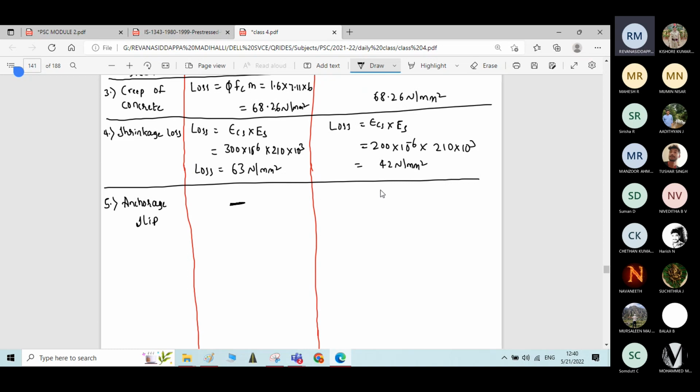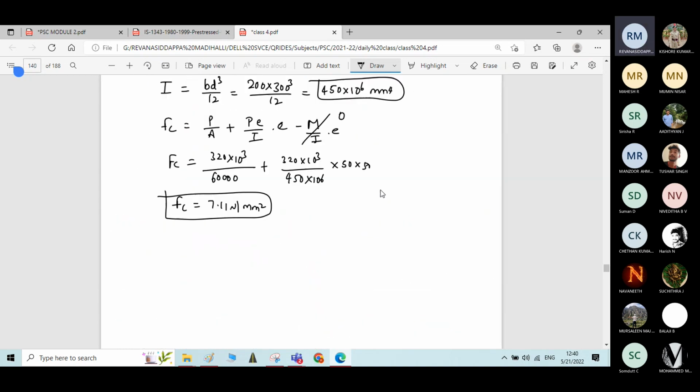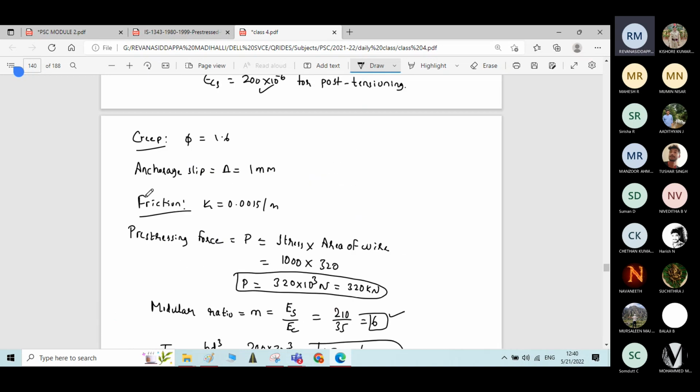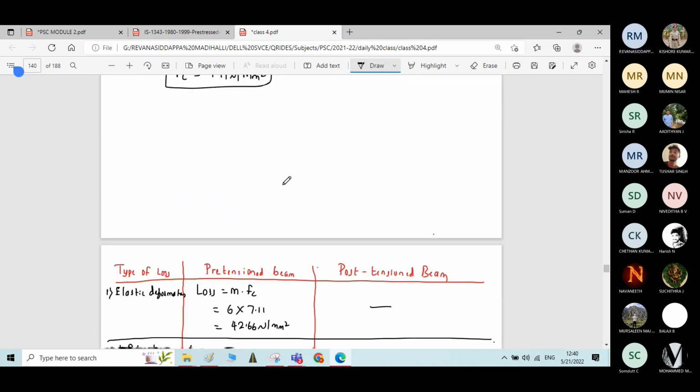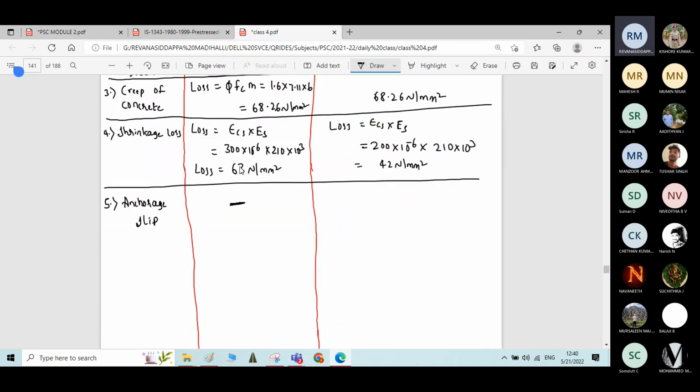So the amount of slip is given. How much is it given? Delta is given as 1 mm. The formula is: loss due to anchorage slip is delta by L into Es. Delta is 1 mm out of total length of the beam.